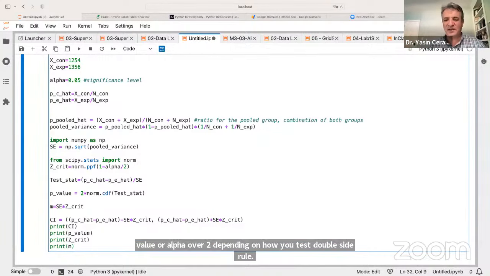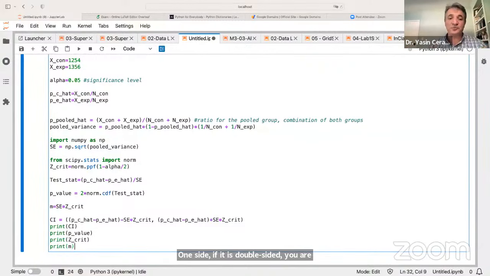If it is double-sided, you are testing PA is not equal to P0. If it is single-sided, you are testing either PA is greater than P0 or PA is less than P0. Depending on single-sided versus double-sided, you use alpha or alpha over 2. You compare your p-value with alpha. We know what the p-value is now. You can reject or accept the null hypothesis. You know what type 1 and type 2 errors are.